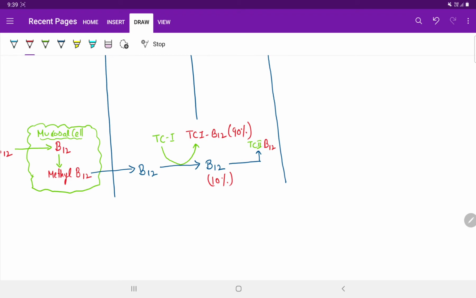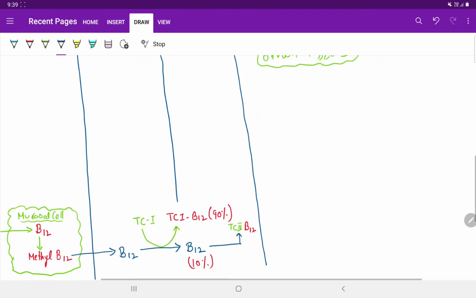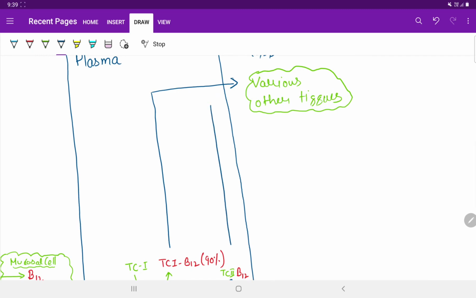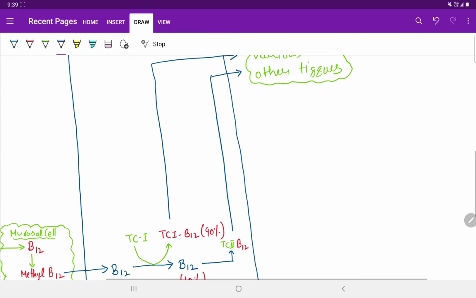Now this TC2B12 is also transferred into various other tissues, but at the same time it may liberate back the TC2 and gets stored into the liver. So this is also leading to storage in the liver.